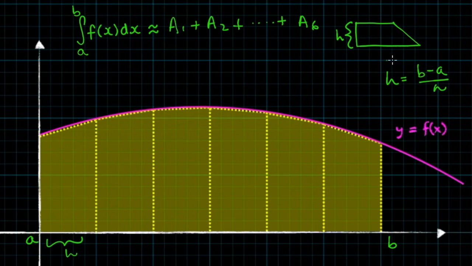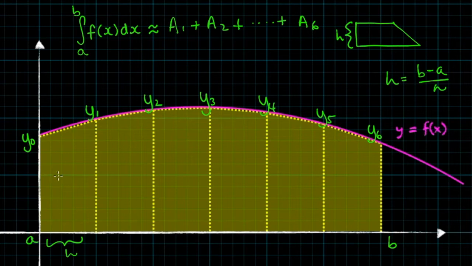And the lengths of the parallel sides are given by the value of the function. So let's label this length here y0. Then we have y1, y2, y3, y4, y5, and y6.